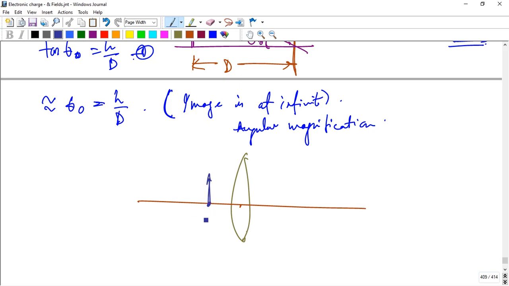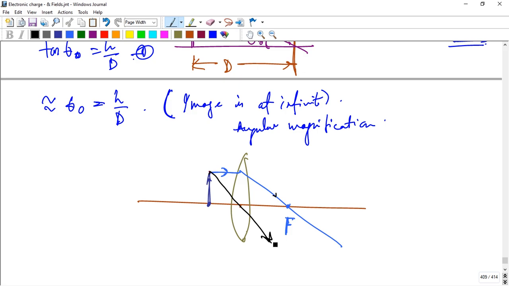Okay, so now the incident ray parallel to the principal axis passes through the secondary focus, or second focus, and you need another ray passing through the pole.